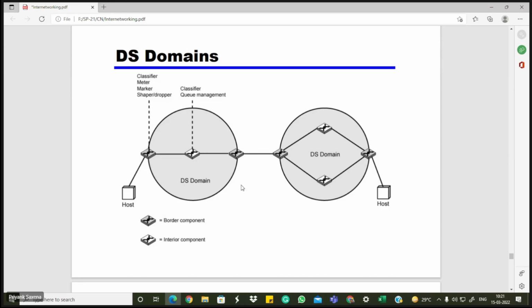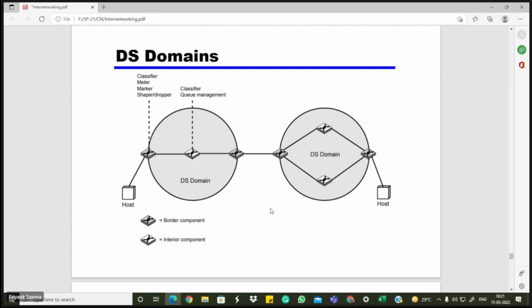And the services provided across this DS domain are generally referred to as a service level agreement, which is nothing but a service contract between a customer and the service provider. That specifies the forwarding service that the customer should receive for various classes of packets, right?